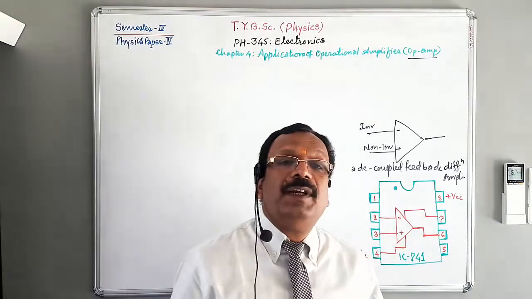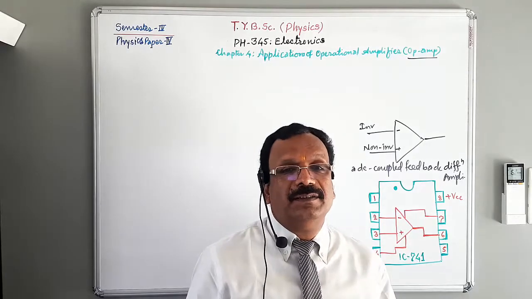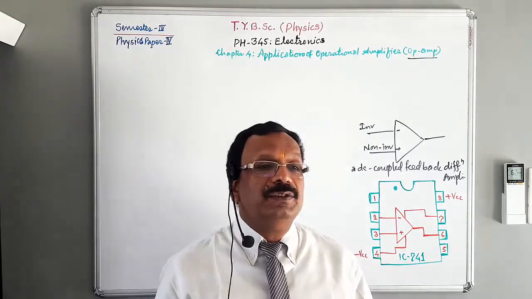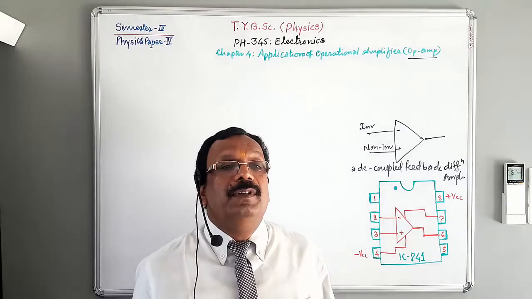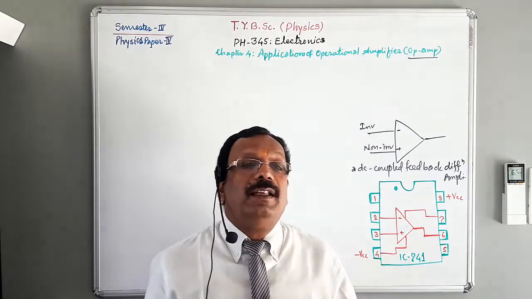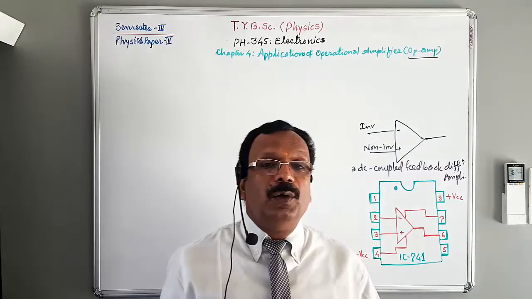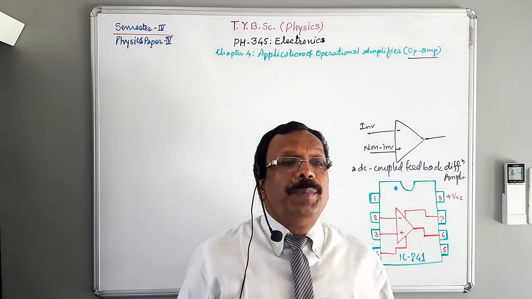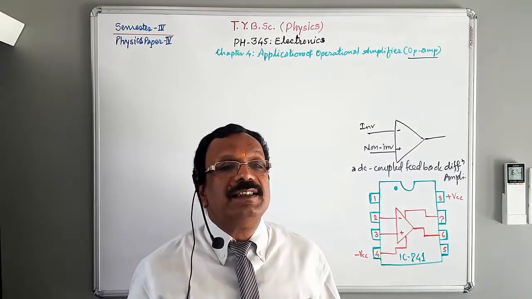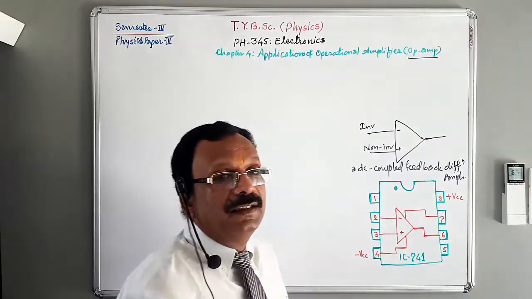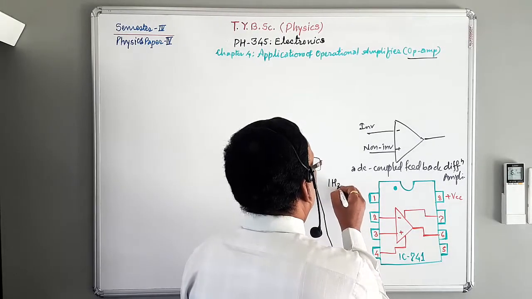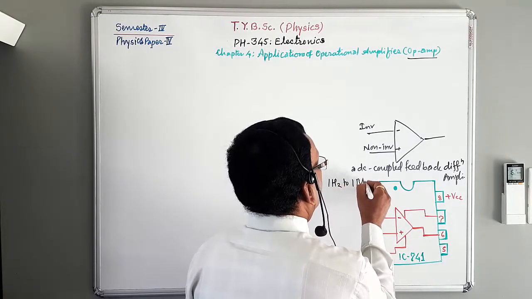What is impedance? Impedance is the reciprocal of resistance. So OpAmp has high input impedance and low output impedance. OpAmp can amplify signals having frequency in the range 1 Hz to 1 megahertz.